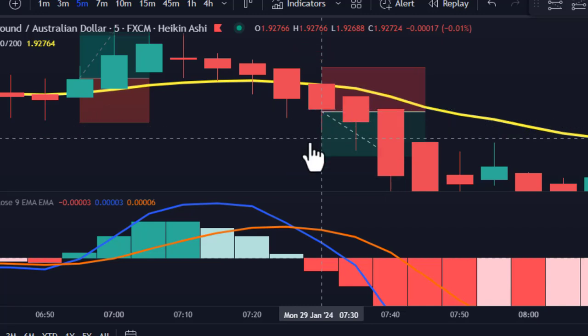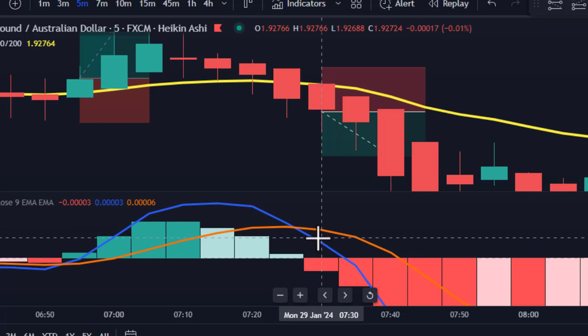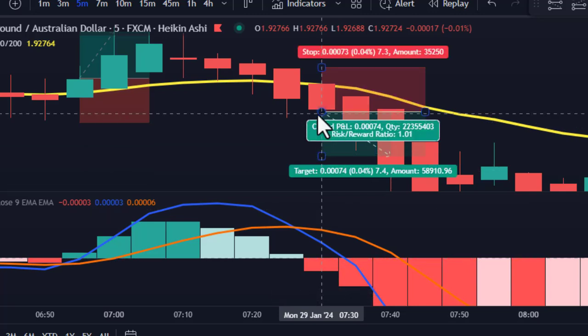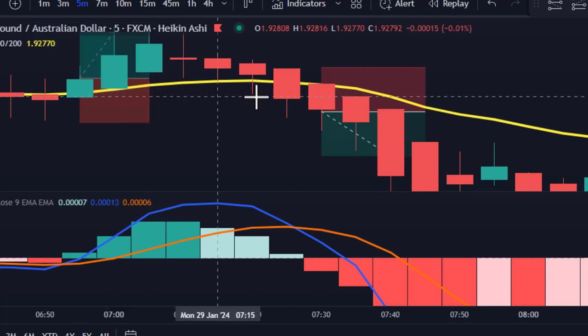At this point we're gonna cross-check it with the MACD, where we see the orange one is above the blue line, or inversely the blue line is under the orange line, which indicates selling pressure, plus the diagram is in red. So at the closure of this candle, we're gonna enter our sell, similar to our buy.